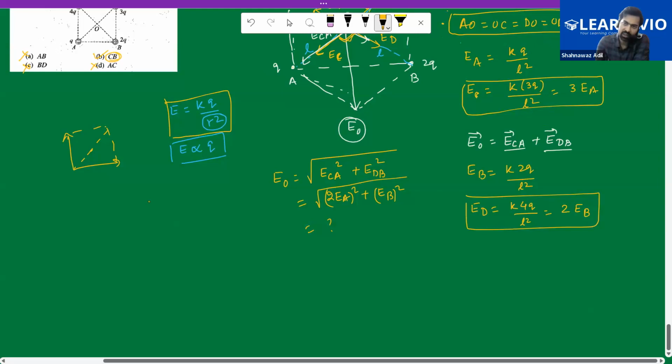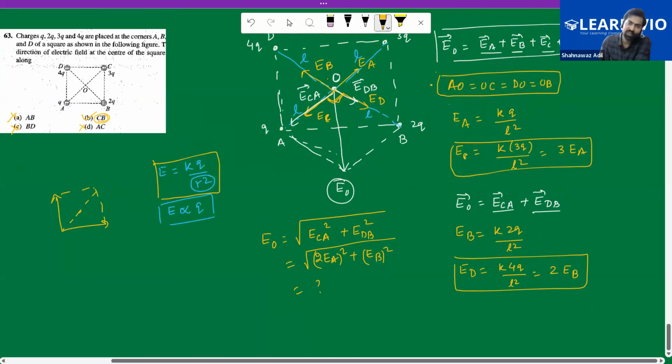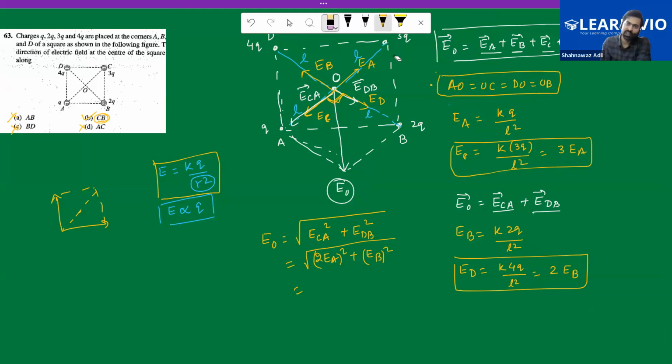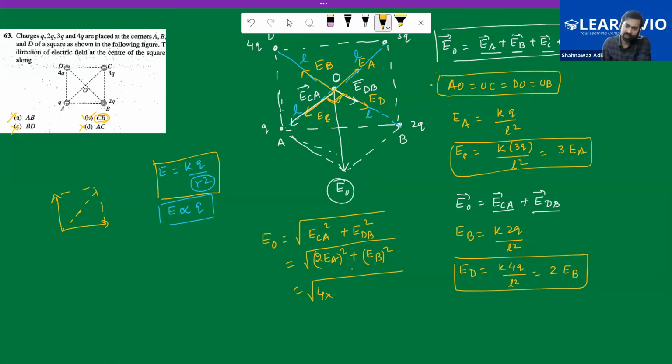Okay, and if they ask you the magnitude, right? I have written it vaguely, but we can solve this as well. So this would be simply how much? EA we already know. So EA squared is K square Q square by L to the 4, and then what is EB?